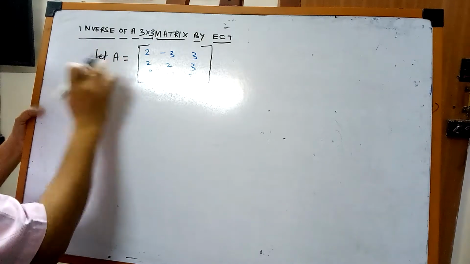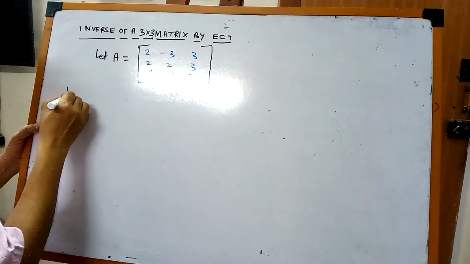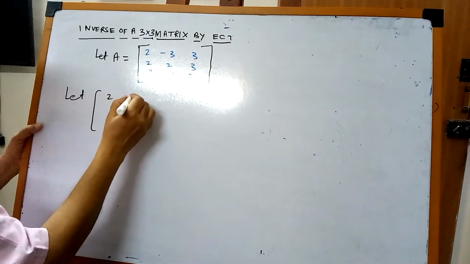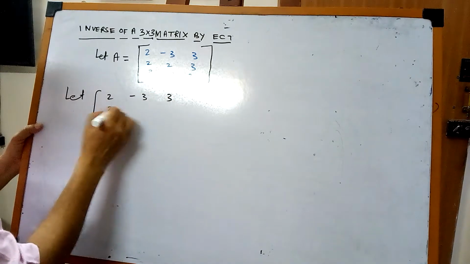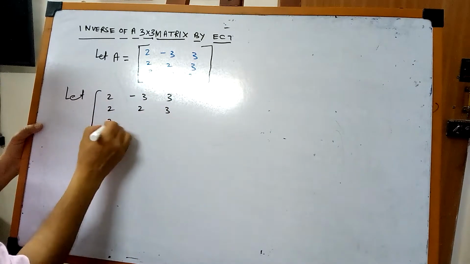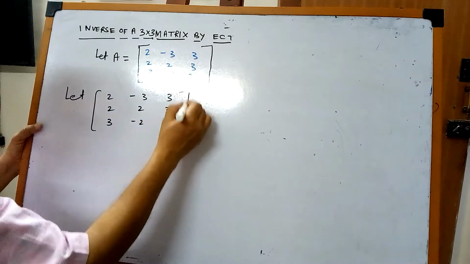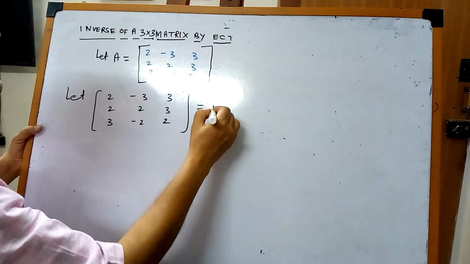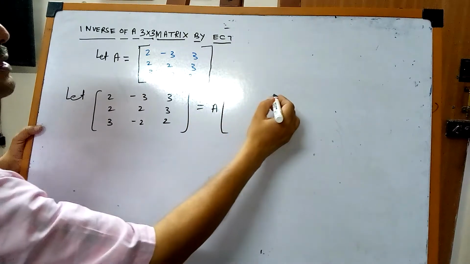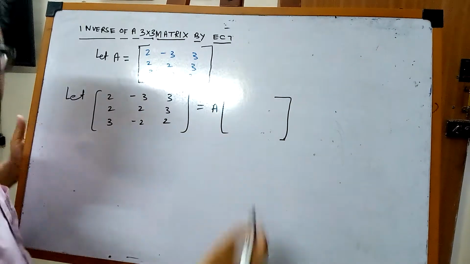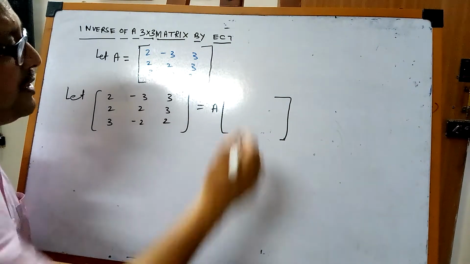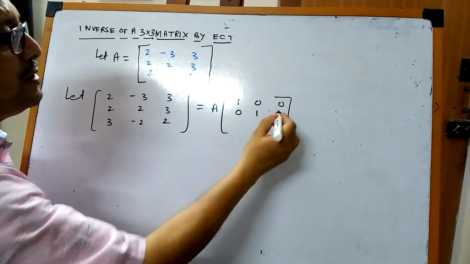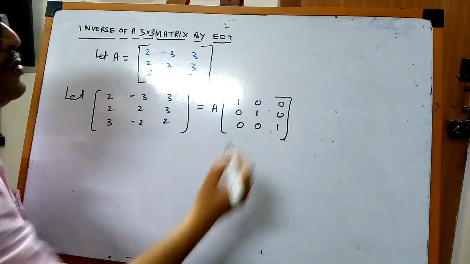So you write: let this matrix 2 minus 3 3, 2 2 3, 3 minus 2 2 is equal to A into I. I means this time it's the identity matrix of order 3, so there it will be 1 0 0, 0 1 0, 0 0 1.